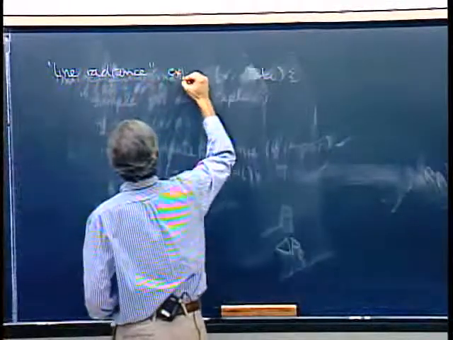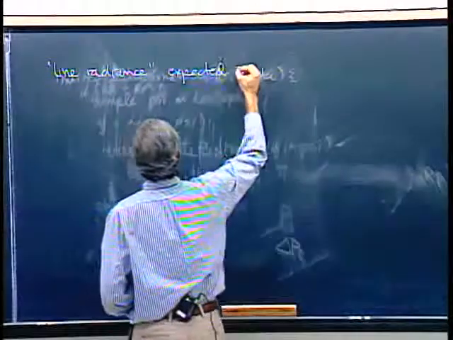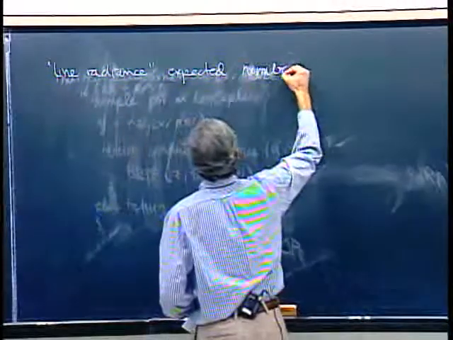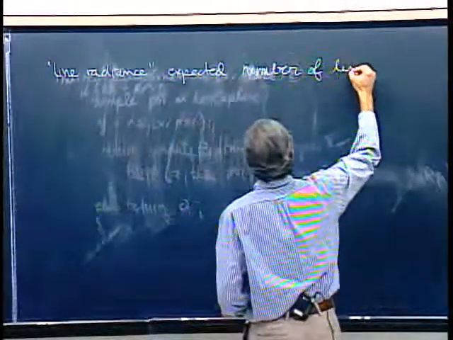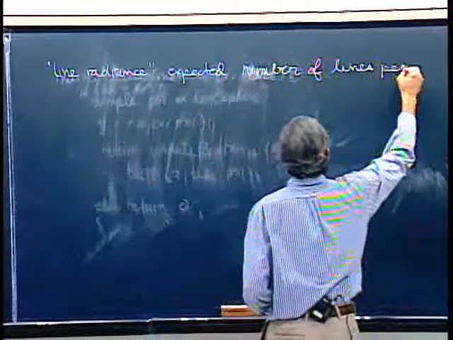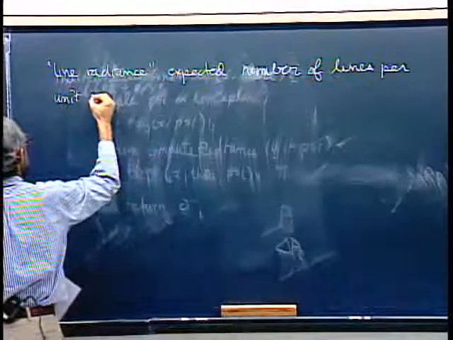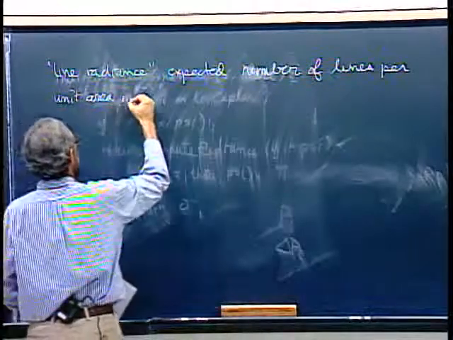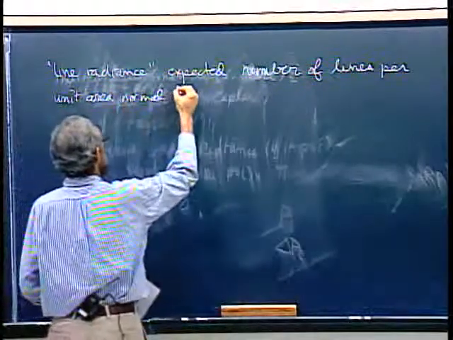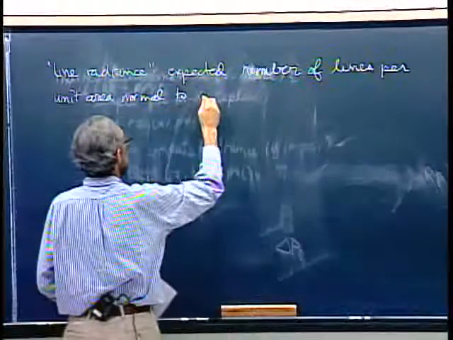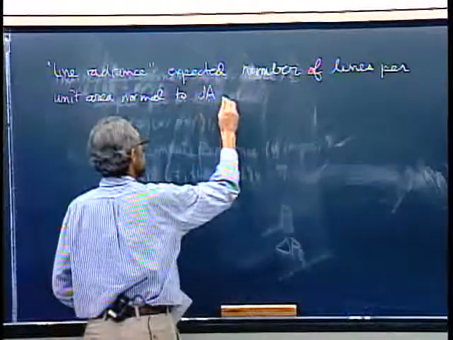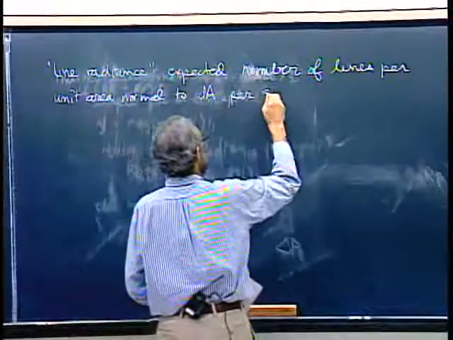So what I want now is basically line radiance, which is the expected number of lines per unit area normal to dA per solid angle.